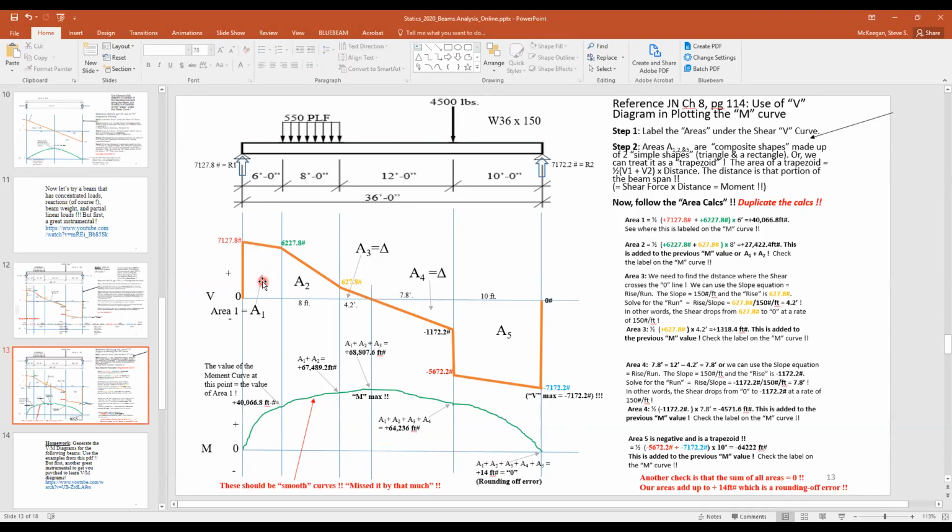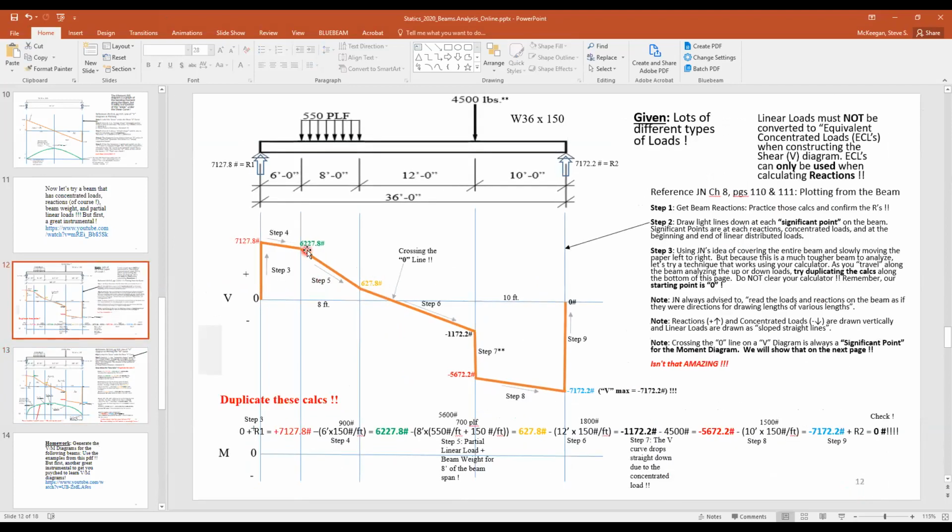Great movie to watch. Okay, now we're going to go to the moment diagram, but real quick, make sure that you have these values labeled. I also want you to label Vmax. And Vmax, I'm going to give you a little shortcut. It's typically the largest concentrated load, whether it's a reaction or a load somewhere on the beam.